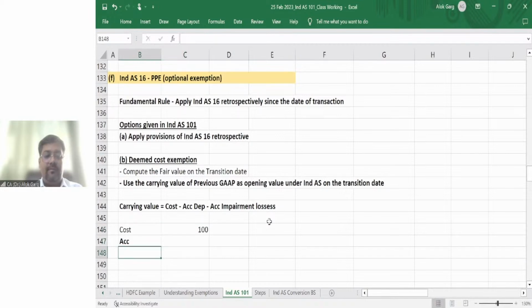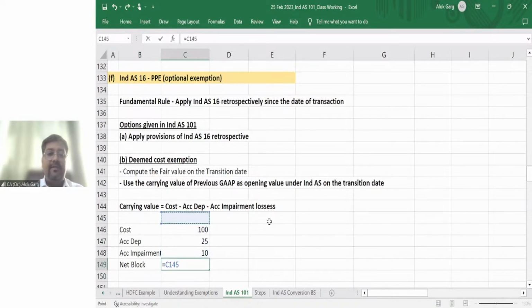The depreciation is, let's say, 25 rupees. The impairment was also taken in one year. Accumulated impairment is, let's say, 10 rupees. Now, what is my net block? My net block is 100 minus 25 minus 10, right?